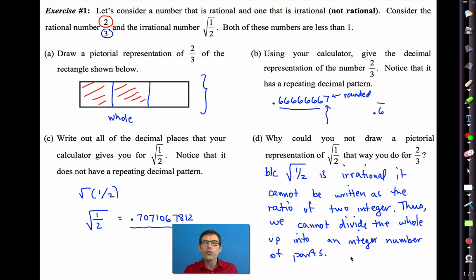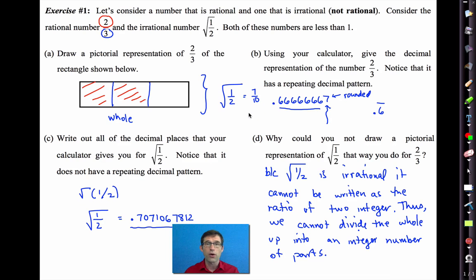But if we can't write a number like the square root of 1/2 as a ratio of integers, then there's no way to ever take the whole and divide it into those 3 parts or 7 parts or whatever. See, if we knew that the square root of 1/2, and it's not, but let's say we knew that this was 7/10. It's not, okay, I really want to emphasize that.